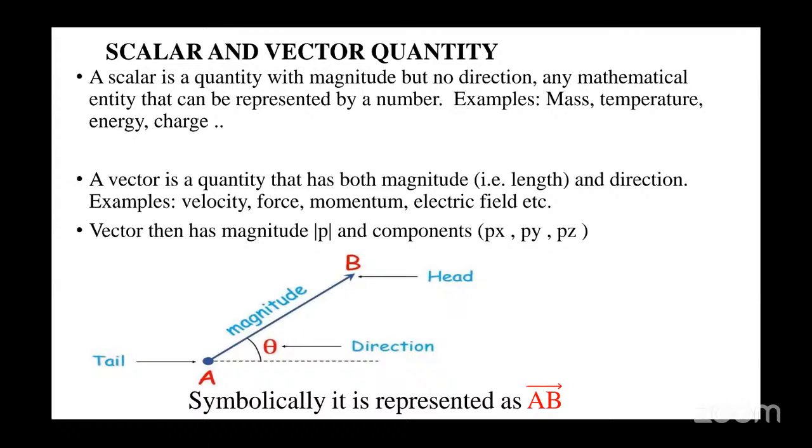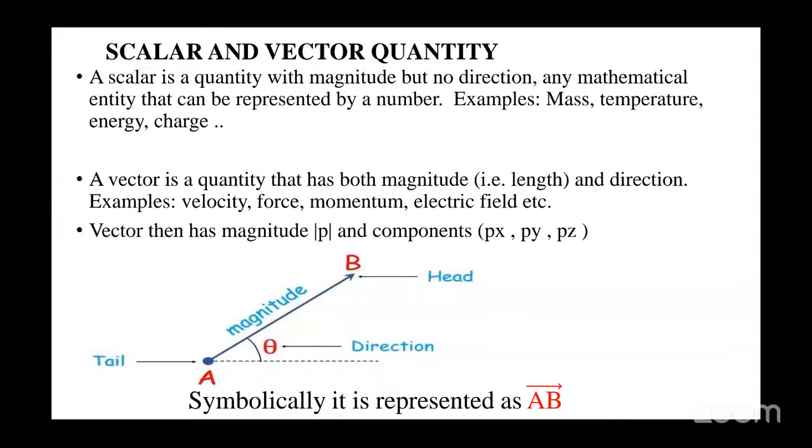So a scalar is a quantity with magnitude but no direction, which implies that it has only number, size.